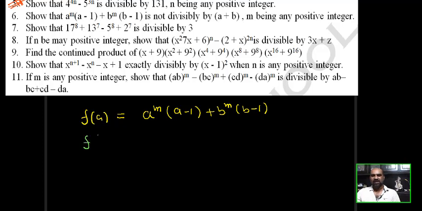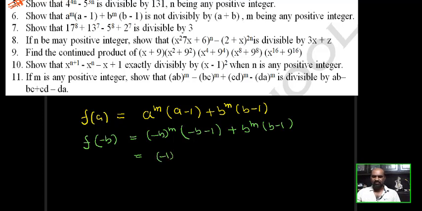Now I want to find the value of f of minus b. So instead of a, I write (minus b) power m into (minus b minus 1), plus b power m times (b minus 1). I can write this as (minus 1) power m into b power m times (1 minus, I get a common, b plus 1 I can write), plus b power m into b minus b power m.